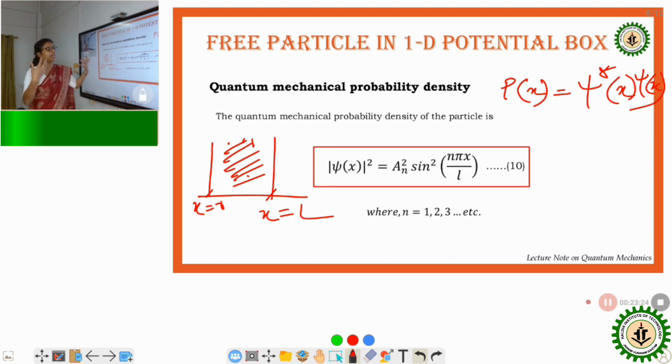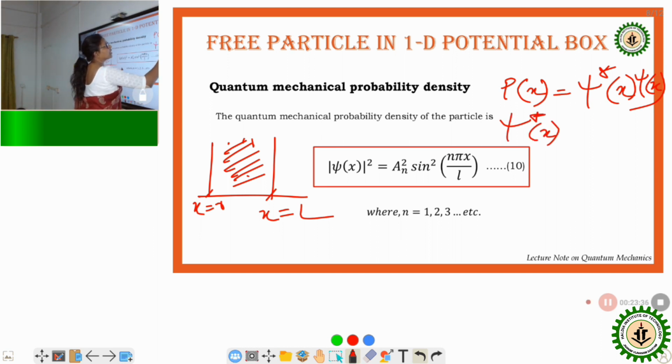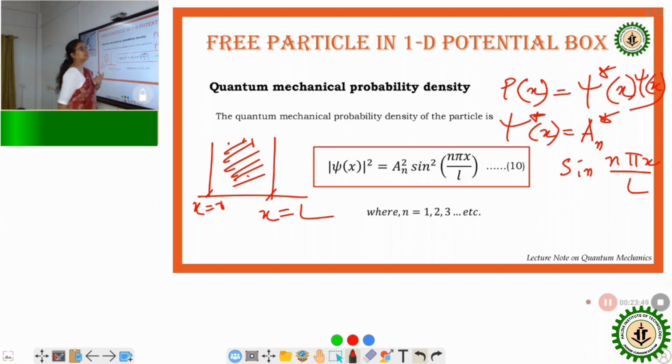When you are getting the probability, the complex conjugate comes in, so psi star of x is written as A n star sin(n pi x by L). Then psi star psi is written as the mod of psi whole square, which means psi star psi.